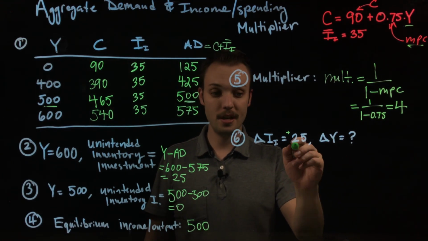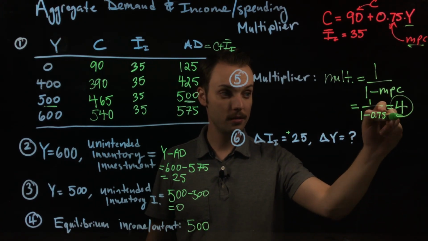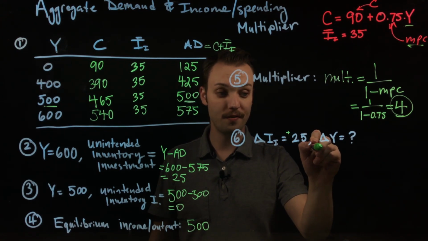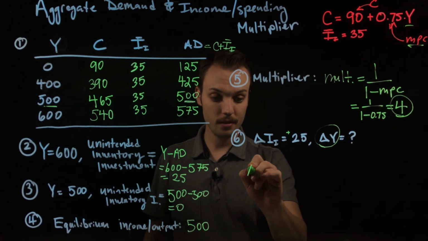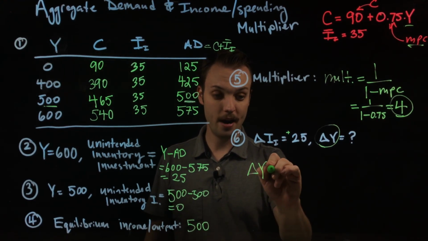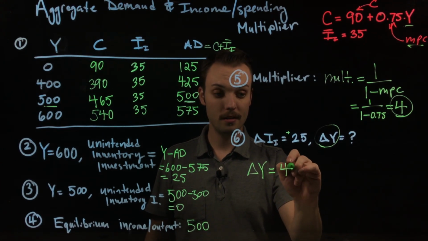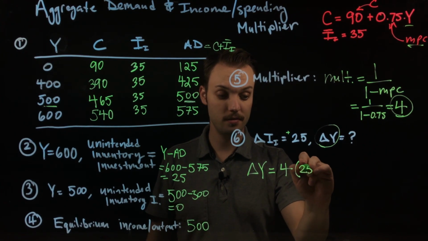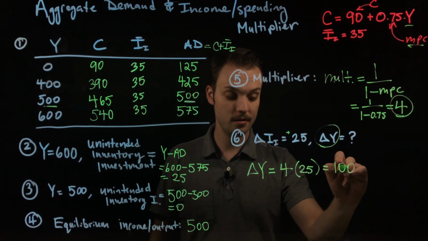All we have to do is multiply this multiplier of 4 by this change in intended investment. So the goal is to find the change in equilibrium output. In this case, the change in Y is going to be equal to the multiplier 4 times this change in intended investment, which is 25, which of course equals 100.